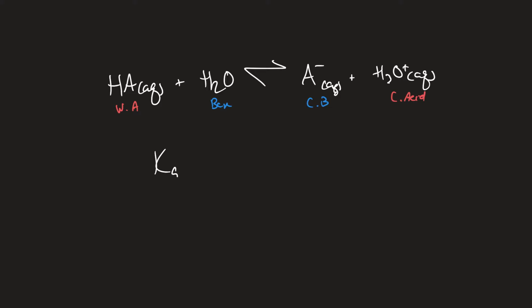Because it's in equilibrium, we can write the equilibrium expression for this, Ka. Ka will be the concentration of the hydronium times the concentration of the conjugate base divided by the concentration of the weak acid. It's the products over the reactants.